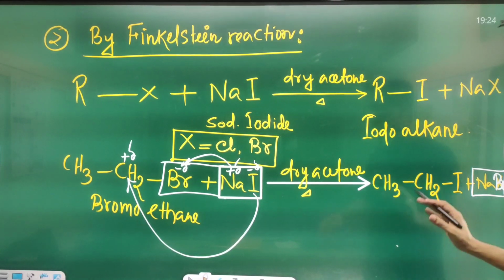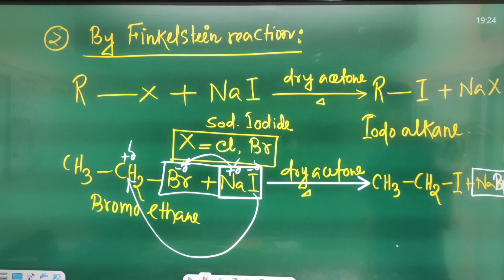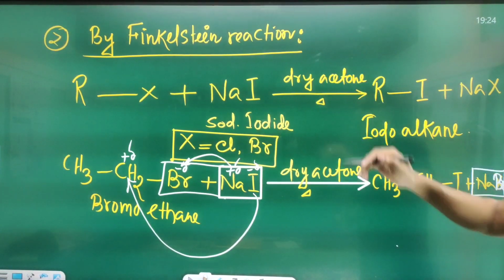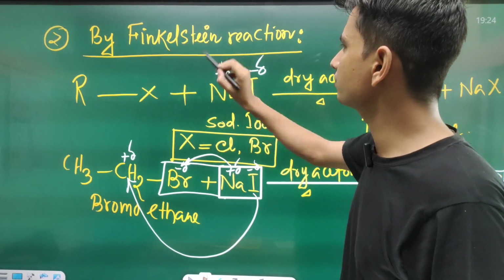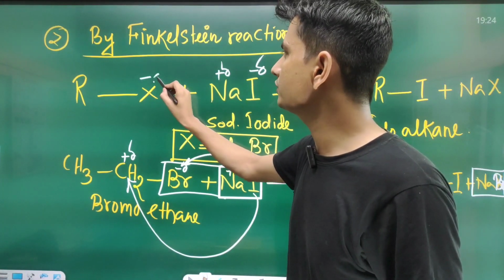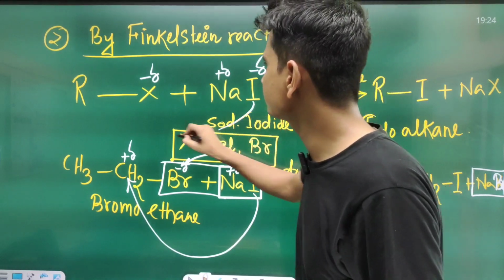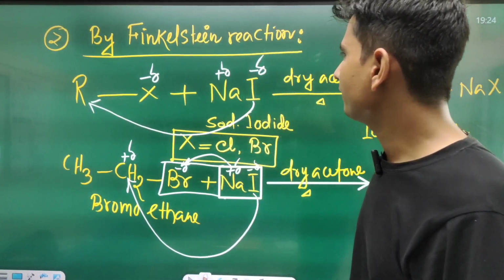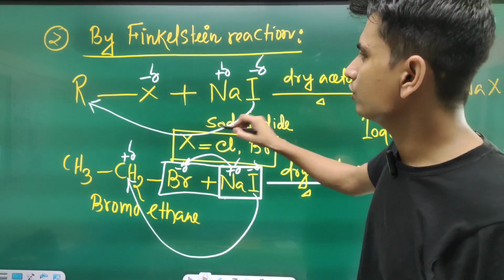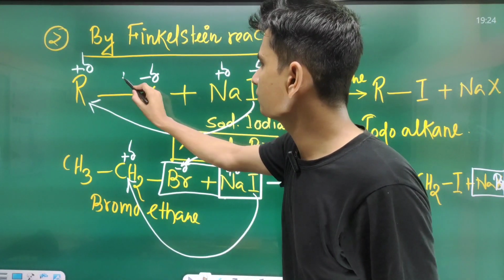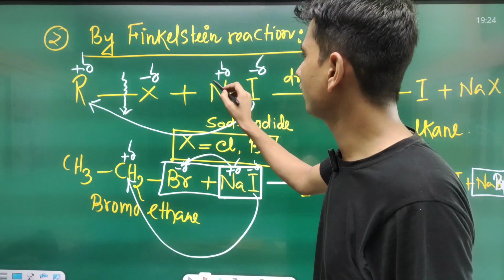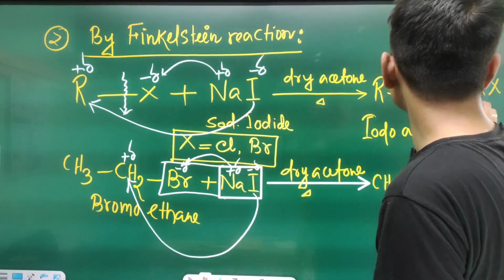In this way, we will get iodoalkane. Is it clear? In first case, metal is always positive, halogen atom is negative. That's why this I part is always attached to this positive part. This bond will break and form Na and X as a byproduct.